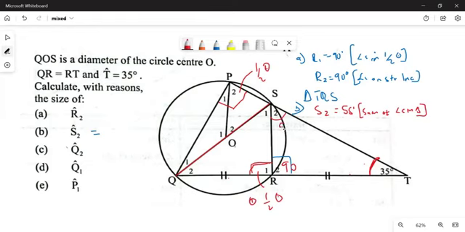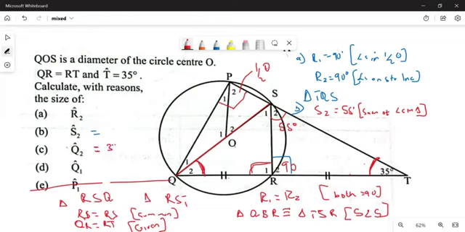Now that we know this one here is 55 degrees, we want to get Q2. Q2 is going to be equal to 35. The reason we're saying Q2 is equal to 35 is because triangle QSR is congruent to triangle TSR.